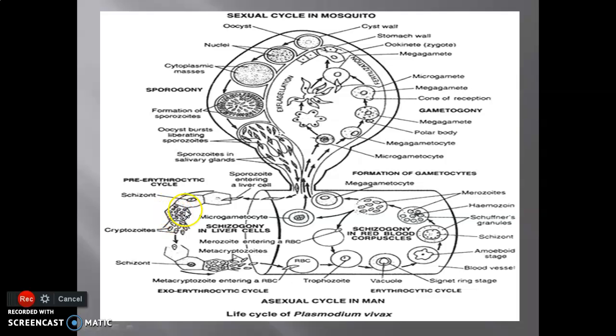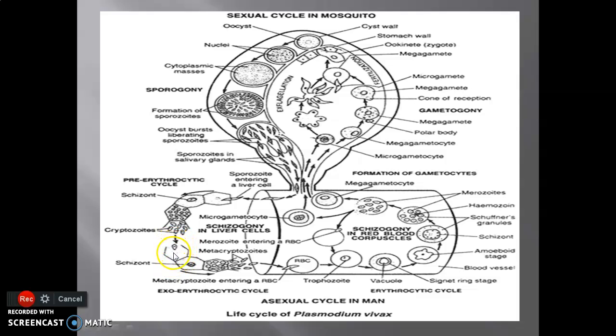Schizogony is nothing but an asexual type of division. Now after division of this schizont into numerous cells, they form a number of cryptozoites, and the cryptozoites are released, and these released cryptozoites again invade liver cells.